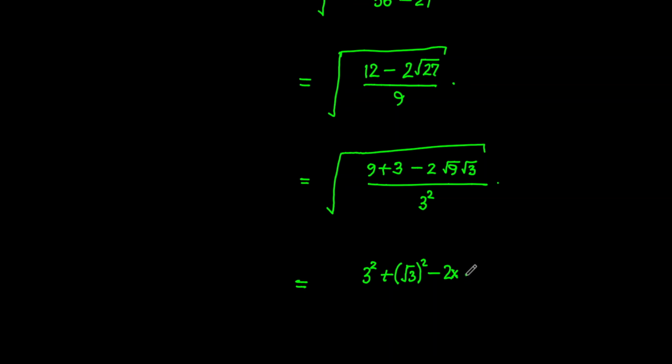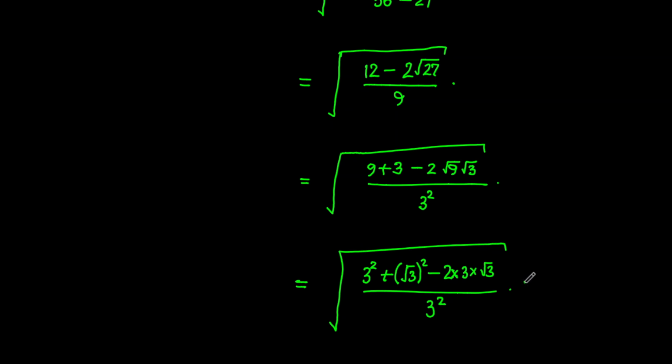So 2 times the square root of 9 is 3, and then times the square root of 3 all over 3 square, and everything is still under a root sign.